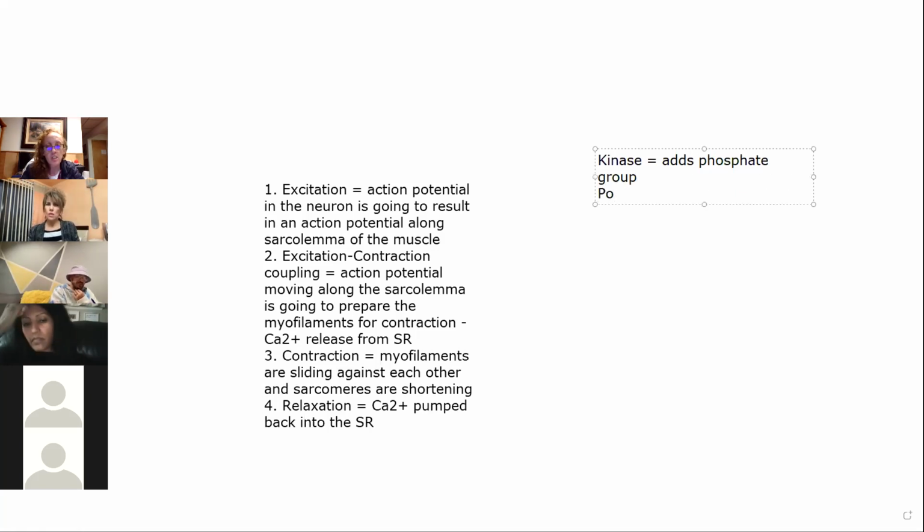In contrast, phosphatases. Remember that anytime you see that word ending in ASE, that means it's an enzyme. So phosphatases remove phosphate groups.